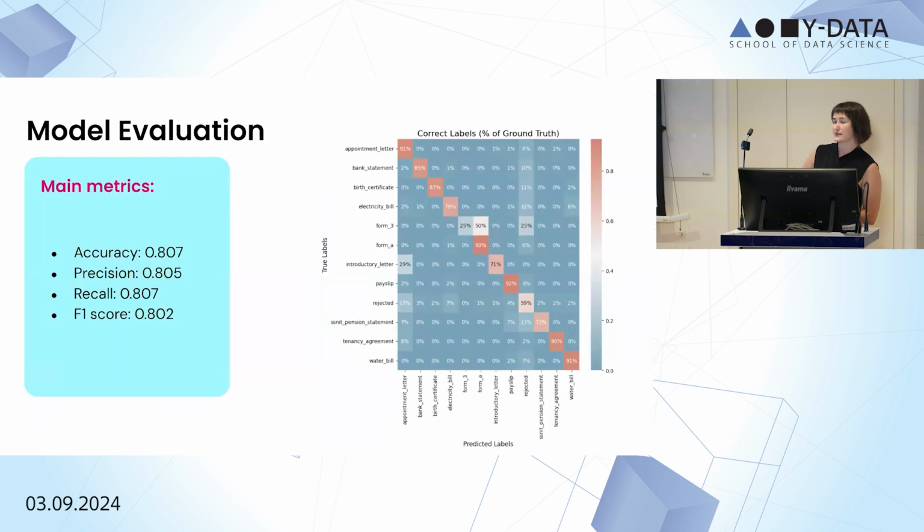Now, I used this ensemble to evaluate our test set and calculate the main metrics, like top 1 accuracy, precision and recall. And all of them are roughly 80.7%. And here on the left side, you can see the confusion matrix, which shows us the results by category. In this matrix, each row is a true label, and each column is our prediction.